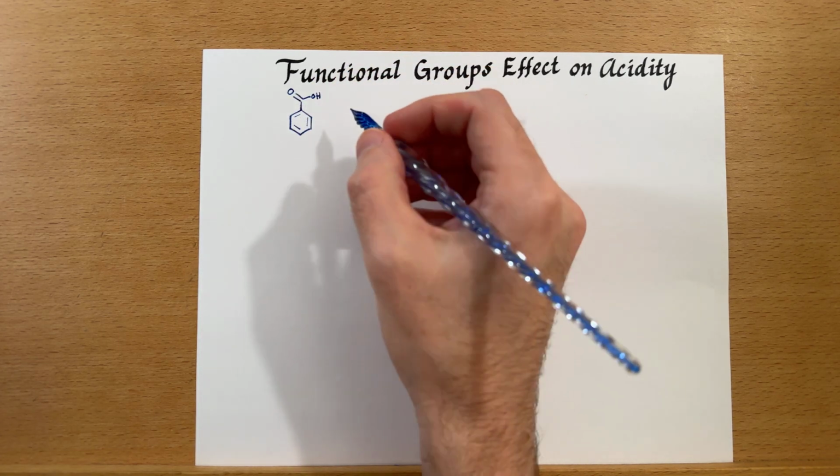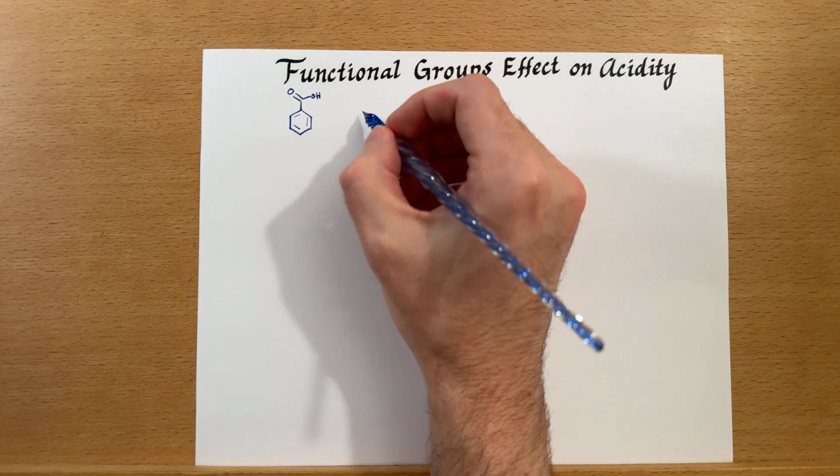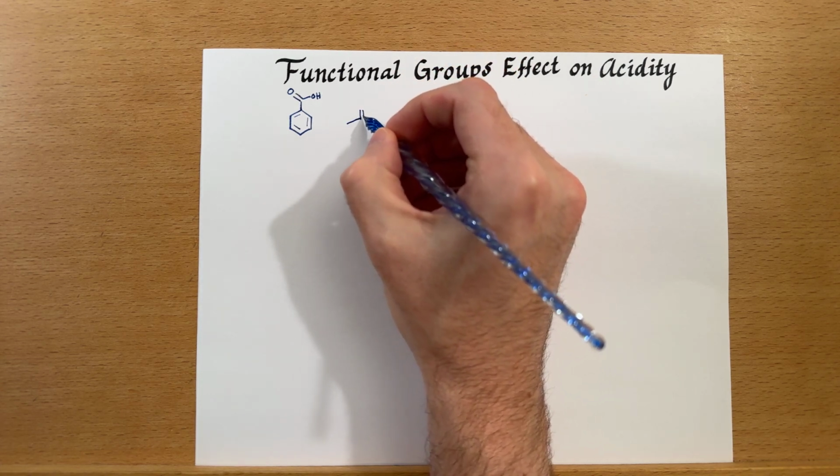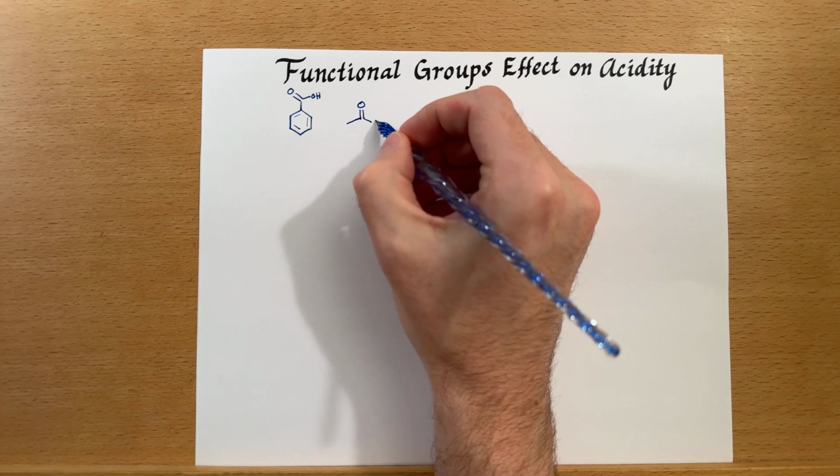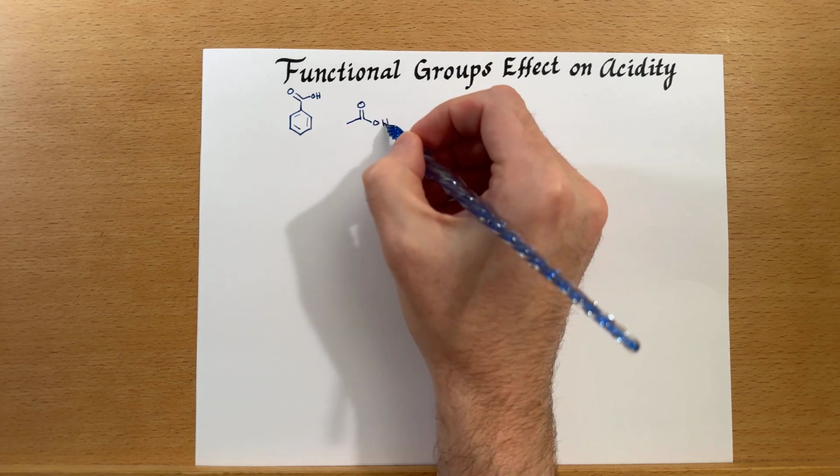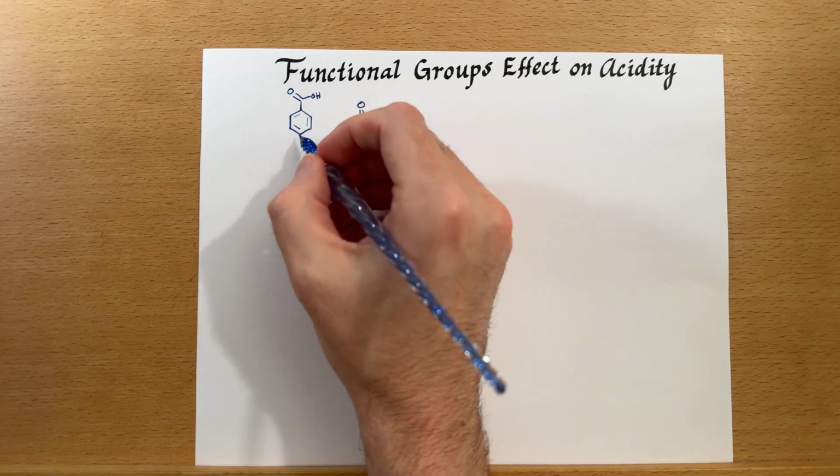So if I draw up benzoic acid and I compare that to acetic acid, these have very similar pKa's.